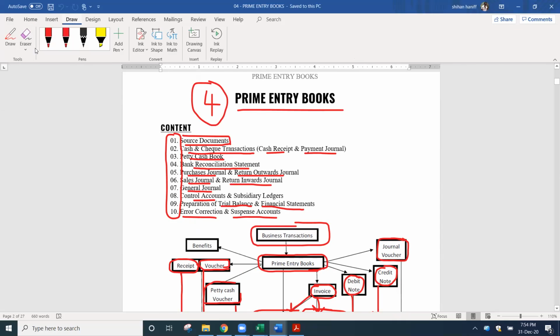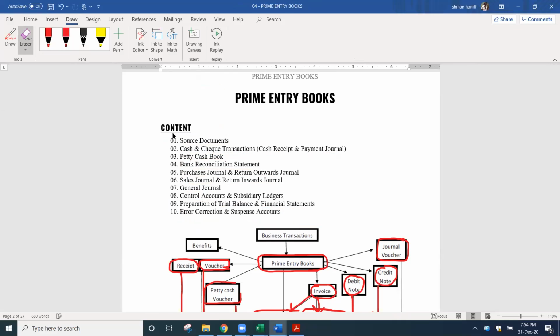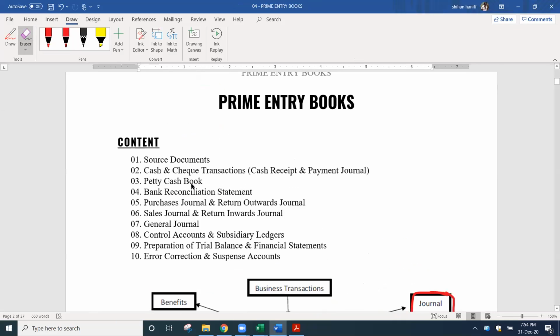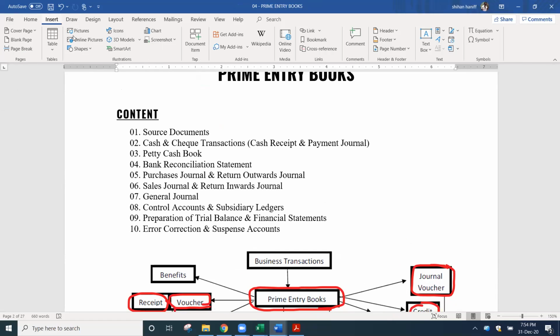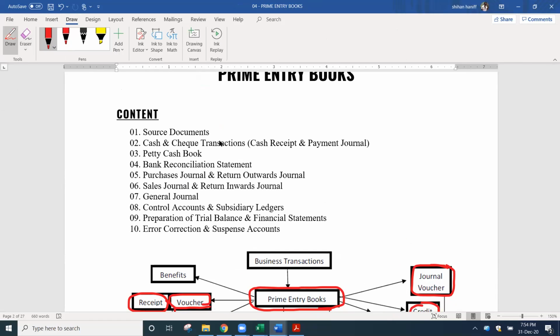By the end of this month, we will be learning all these topics, including the past papers and also some other professional courses questions. Like the source documents, we just started with the source documents, right?